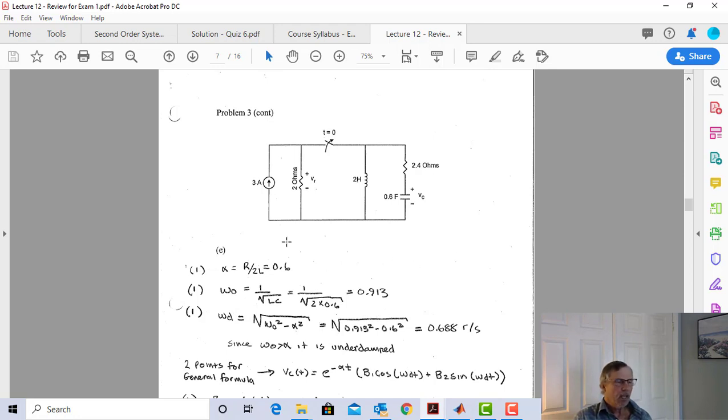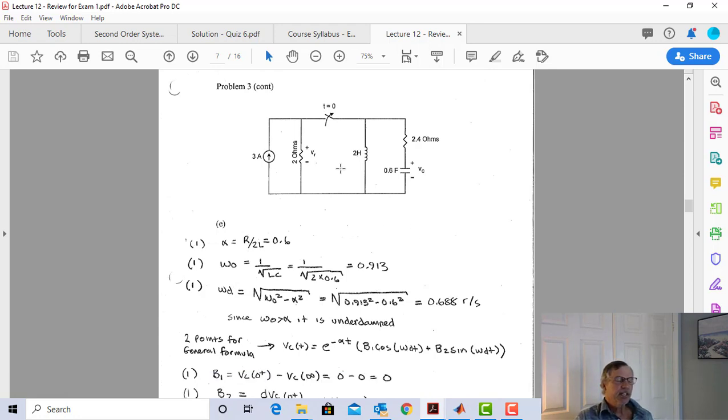Now, I want to give you one more piece of insight here. In this case, we have a series RLC circuit, so we quickly know what alpha and omega naught are. Let's say it's a generalized RLC circuit. In that case, you're going to get the roots of your characteristic equation, and they're going to be in the form alpha plus or minus j omega naught.